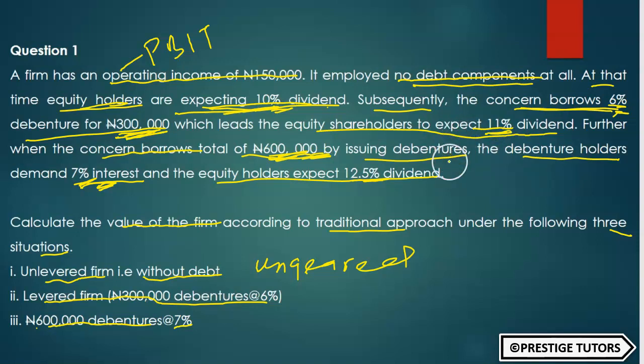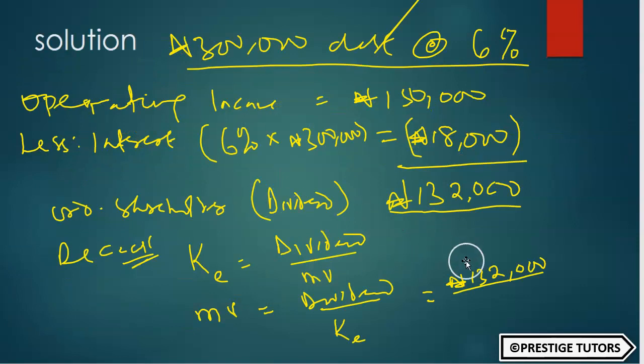So we now base our dividend over 11%, that is 0.11. So now it has dropped to 1.2 million naira. Can you see?